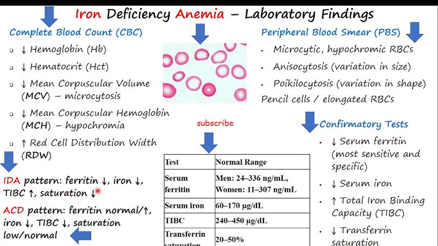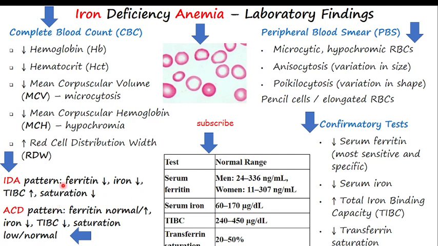So there is a parameter. Ferritin in iron deficiency anemia is decreased, but in anemia of chronic disease, ferritin is increased or normal. In iron deficiency anemia, ferritin is always decreased. This parameter is good to differentiate iron deficiency anemia from anemia of chronic disease.